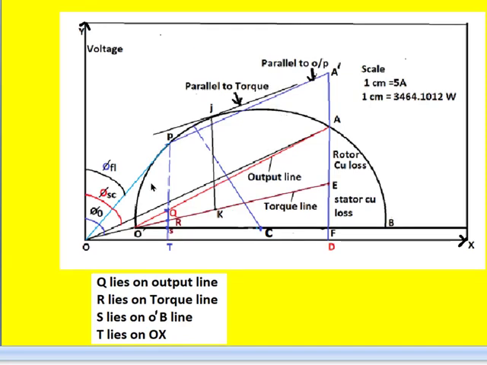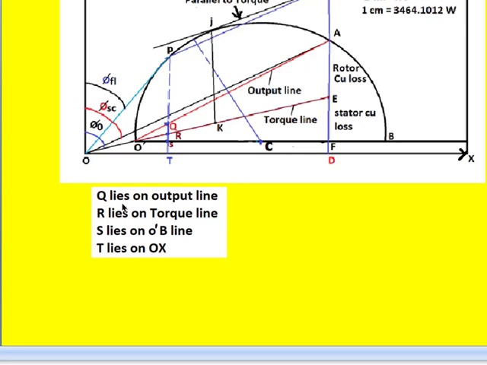Now draw a parallel line from point P to the Y axis so that it cuts the output line at Q, the torque line at R, the O dash B line at point S, and the X axis at point T. That is, Q lies on the output line, R lies on the torque line, S lies on the O dash B line, and T lies on OX.